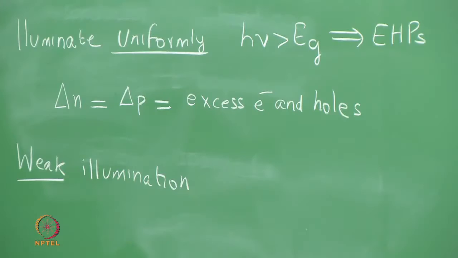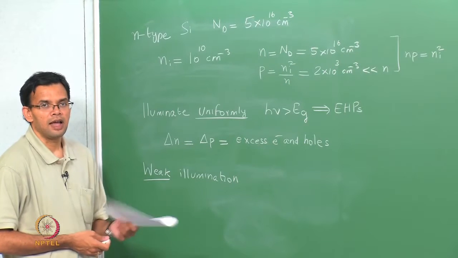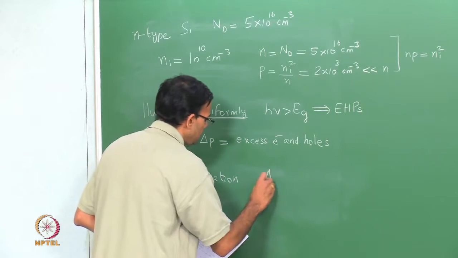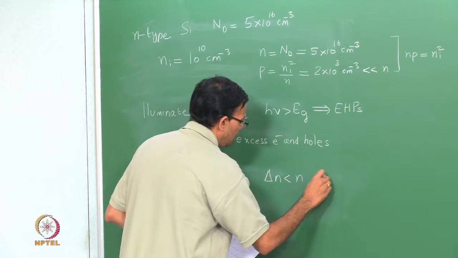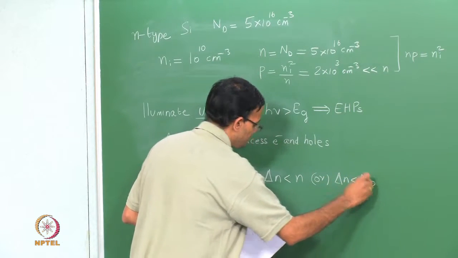In which case the excess majority carriers, which is electrons, is less than the carrier concentration in the bulk of the material. So, delta n is less than n, or delta n is less than Nd.